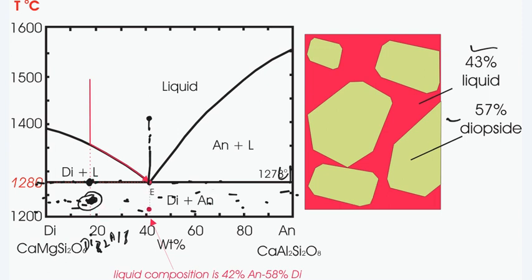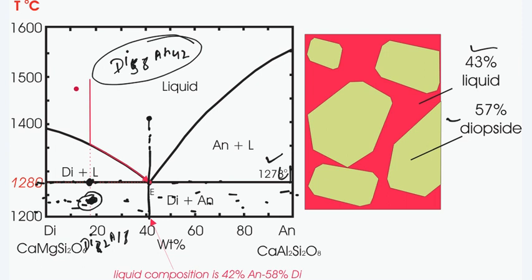So for any composition, melting will begin at 1274 degrees. For any composition, irrespective of composition, the first melt to form has a composition of dioxide 58, anorthite 42. Depending upon the eutectic composition, one of them will be completely consumed, the one which has a lower value than the eutectic composition.